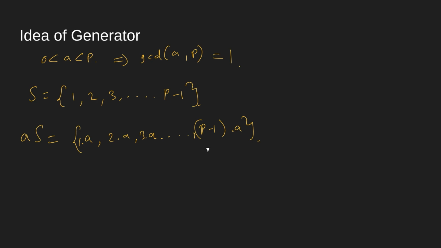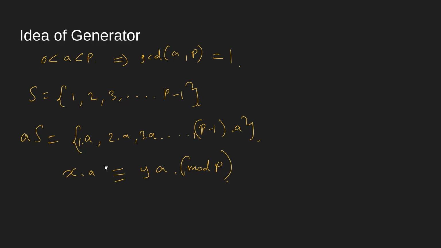If it is unique, then we can do some tricks to get to the proof. So what if they are not unique? What if you can find two elements of this form, x times a is congruent to y times a? We are dealing with modular arithmetic in p, so we have to be careful there.